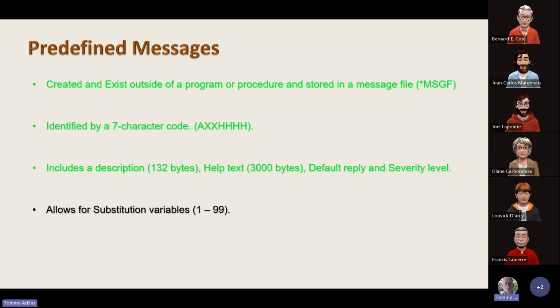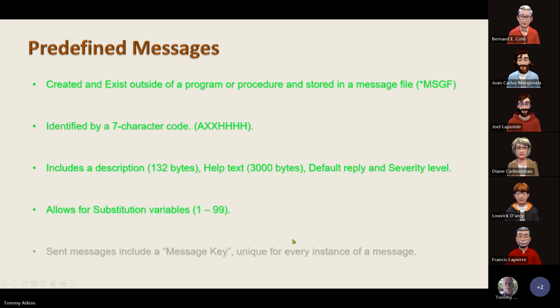It's substitution variable number 1, and you put a value into that at the time you send it. This means that you can use the same message over and over again. Now, the thing here is that sent messages include a unique message key.